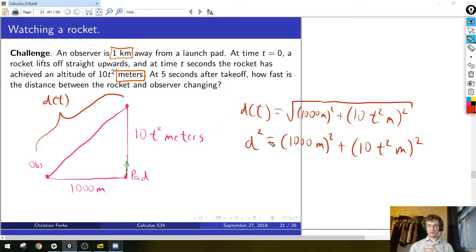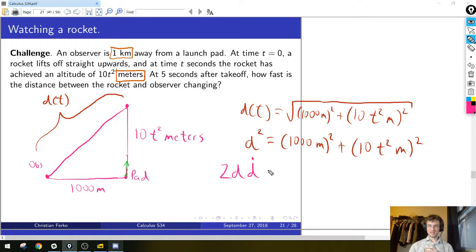Okay, good. So let's take the time derivative of the left and right side of the squared equation. What do I get on the left, remembering by the chain rule that d depends on time? I believe by the chain rule this is going to be 2d of t times d prime, or d dot, however you would write it.